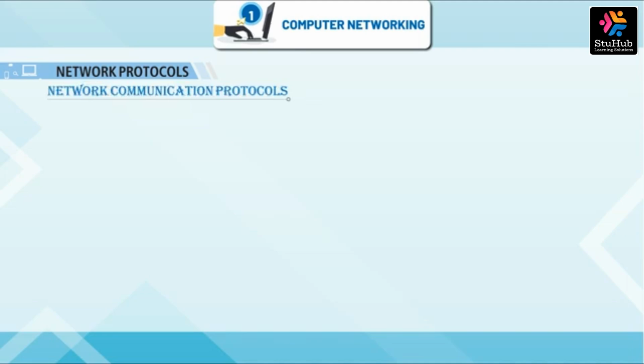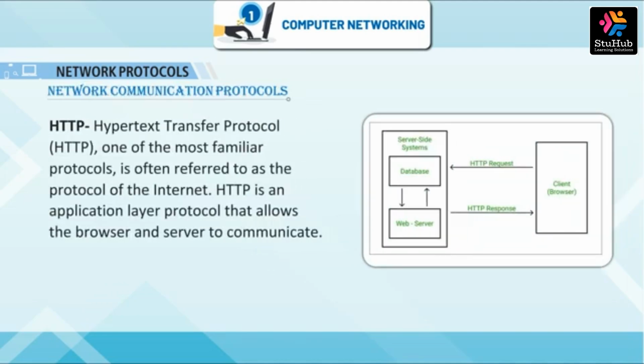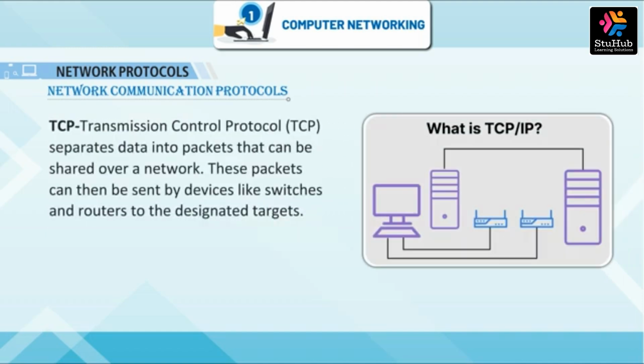Network communication protocols. HTTP, Hypertext Transfer Protocol, one of the most familiar protocols, is often referred to as the protocol of the Internet. HTTP is an application layer protocol that allows the browser and server to communicate. TCP, Transmission Control Protocol, separates data into packets that can be shared over a network.